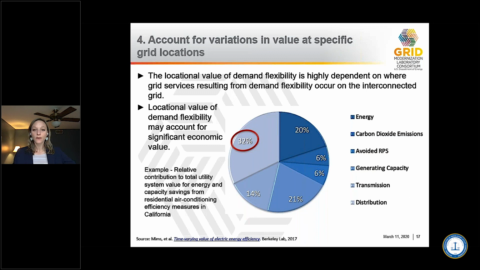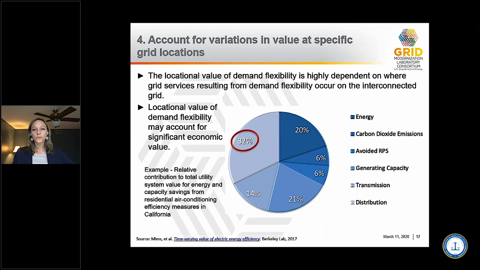So the need to account for the economic value of grid services, and the chart shows the total value of savings from efficiency measures for residential air conditioning in California that comes from various grid services that are shown on the right side of the slide for the utilities. And as you can see, if the state only counted for energy, it would only be 20%.